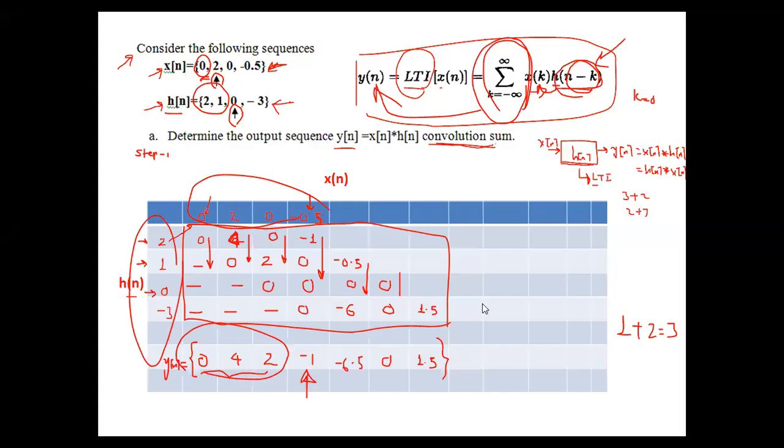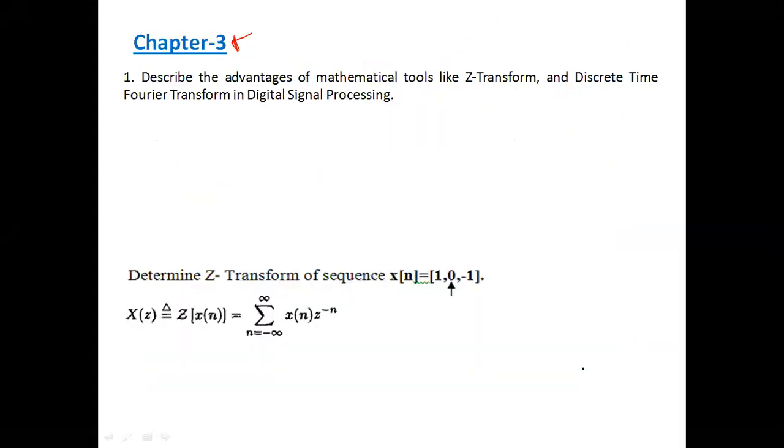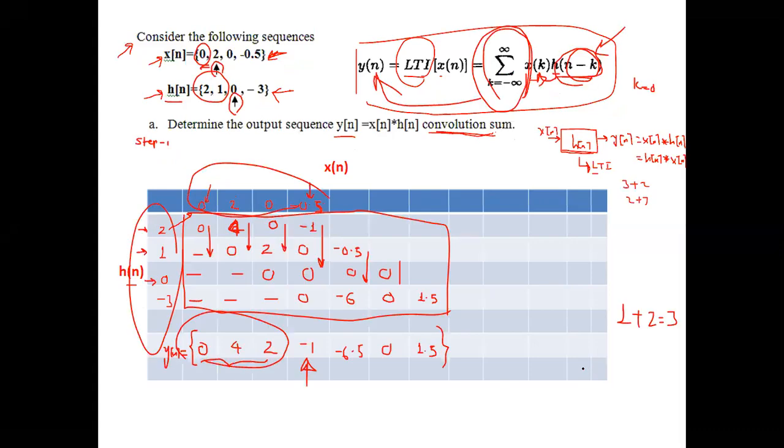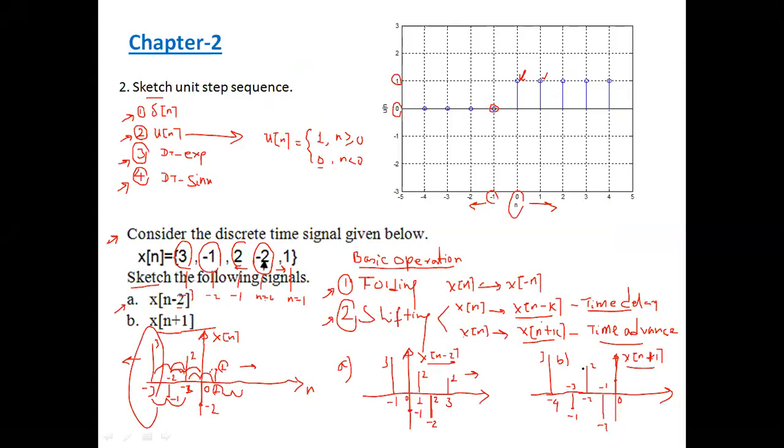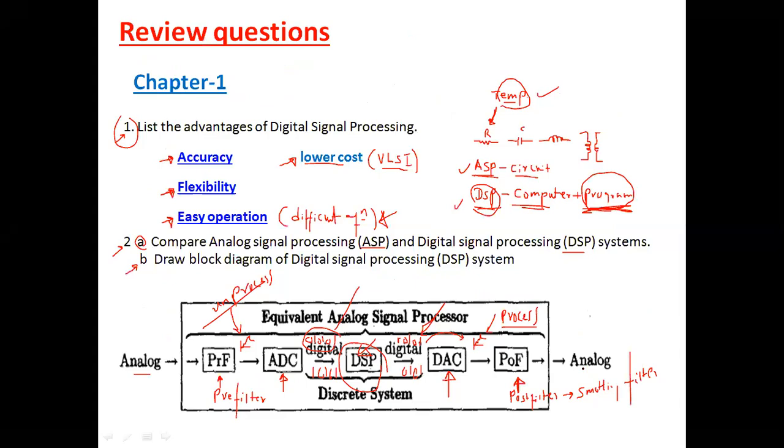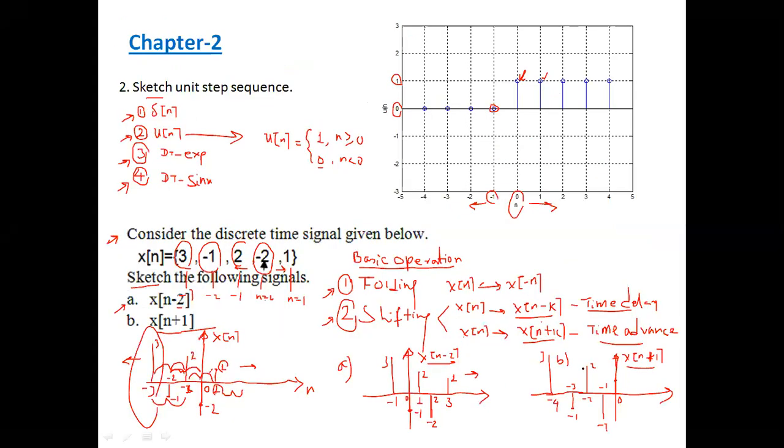Okay. So far, we have seen chapter 2 and chapter 1. We revised chapter 1 and chapter 2. So chapter 2, basic elementary signals, we have seen here.